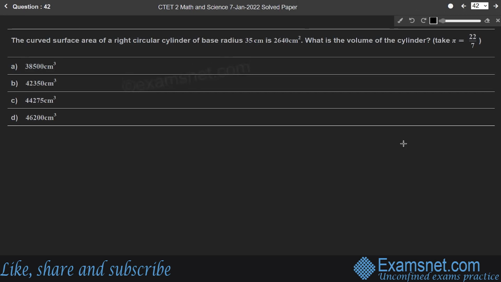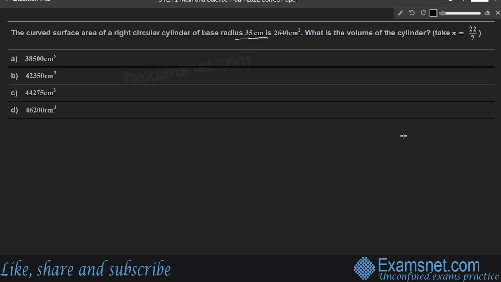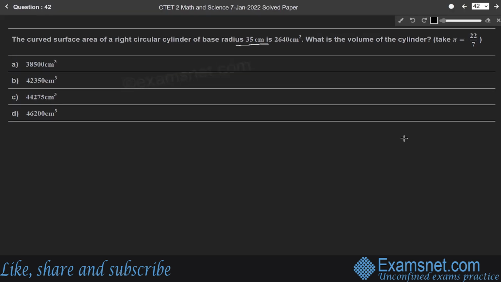Question 42. The curved surface area of a right circular cylinder of base radius 35 centimeter is 2640 centimeters square. What is the volume of the cylinder? So here pi is 22 by 7. So let us consider a right circular cylinder of base radius 35 centimeter.